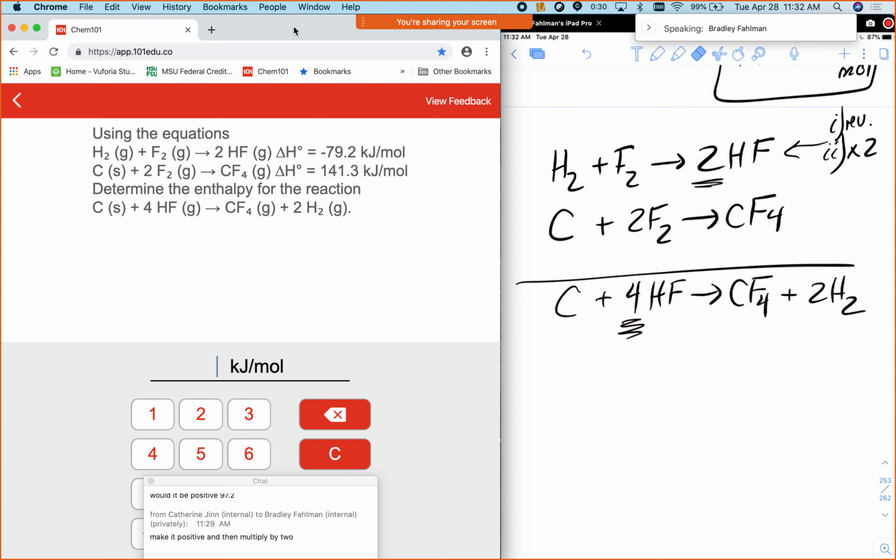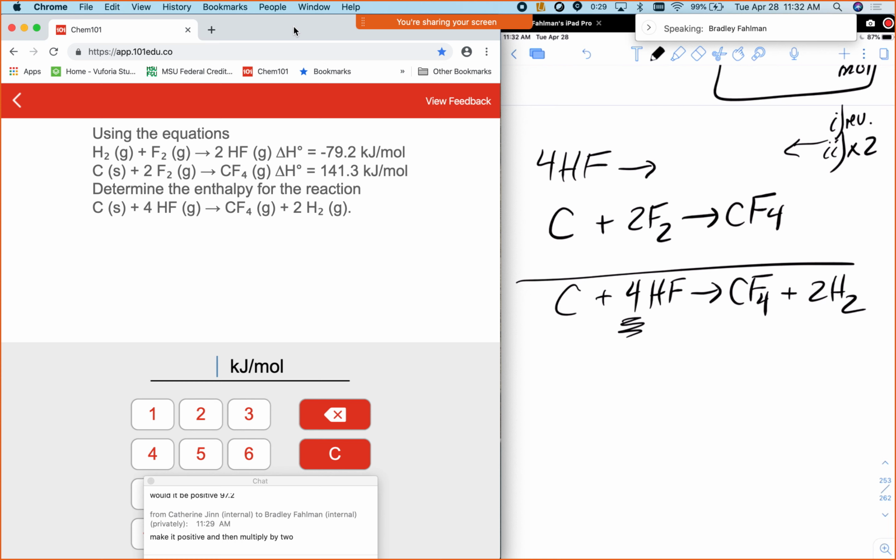Okay, so maybe if I just do it like this. There we go. So reversing it and multiplying by 2 means that it is 4HF goes to 2H2 plus 2F2.